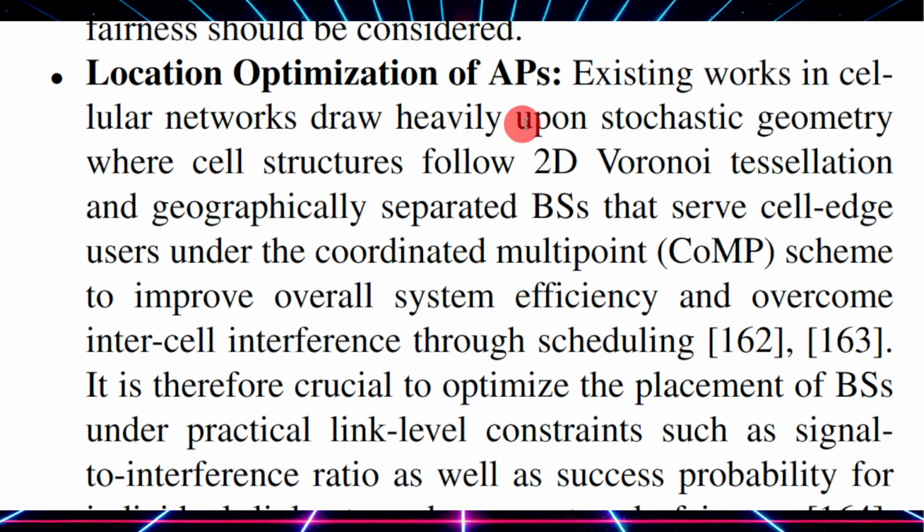Local optimization of access points. Existing works in cellular networks draw heavily upon stochastic geometry, where cell structures follow 2D Voronoi tessellation in geographically separated base stations that serve cell edge users under the coordinated multi-point scheme to improve overall system efficiency and overcome intercell interference through scheduling.